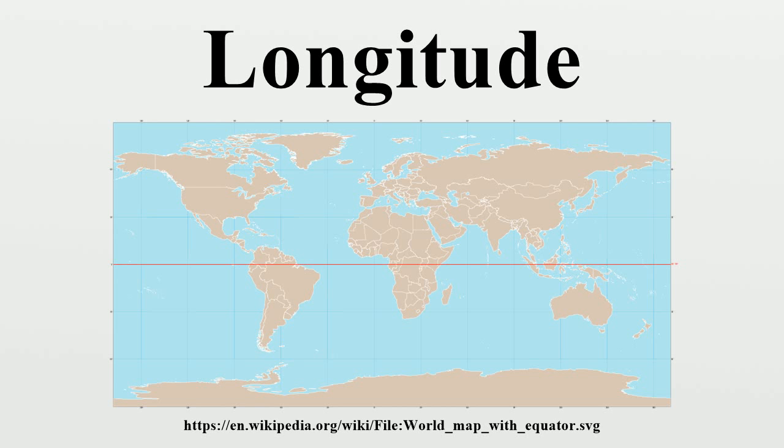Unlike latitude, which has the equator as a natural starting position, there is no natural starting position for longitude. Therefore, a reference meridian had to be chosen. It was a popular practice to use a nation's capital as the starting point, but other locations were also used.